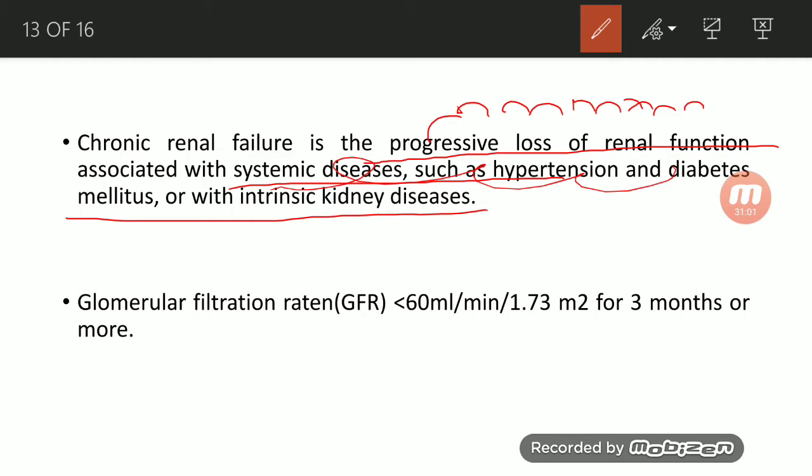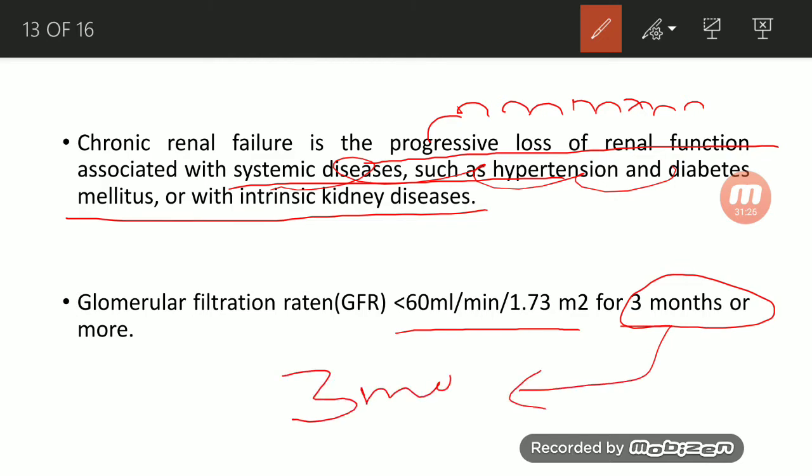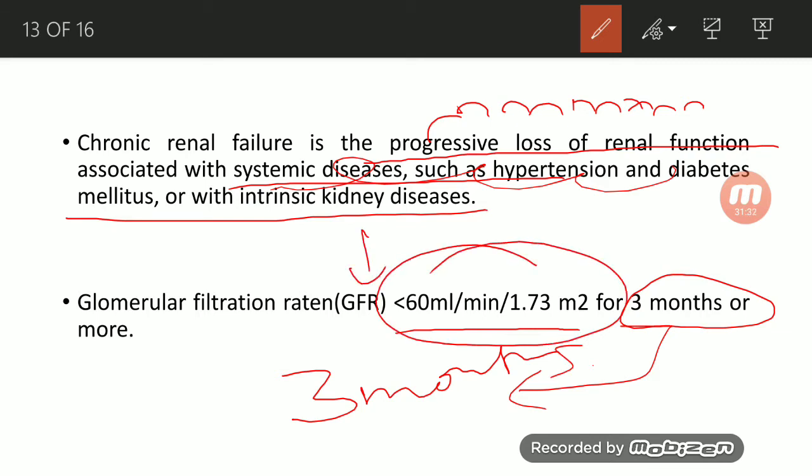In chronic renal failure, your glomerular filtration rate is less than 60 ml per minute per 1.73 meter square for 3 months or more. Only after 3 months of decreased glomerular filtration rate do you suffer from chronic renal failure.